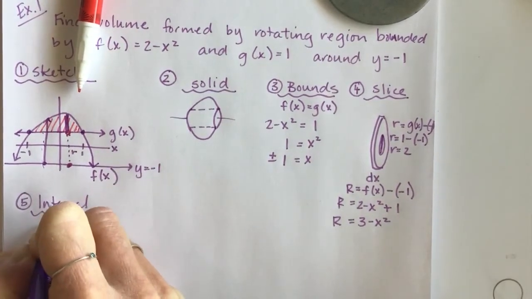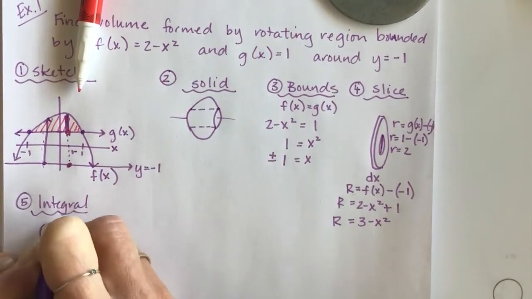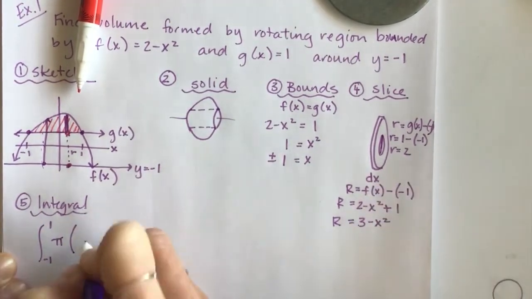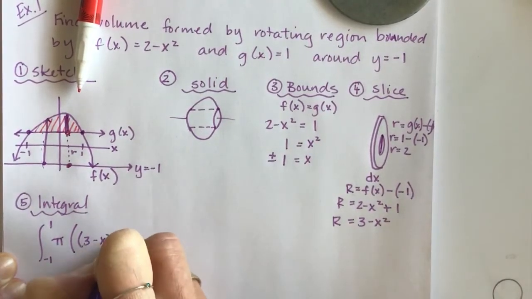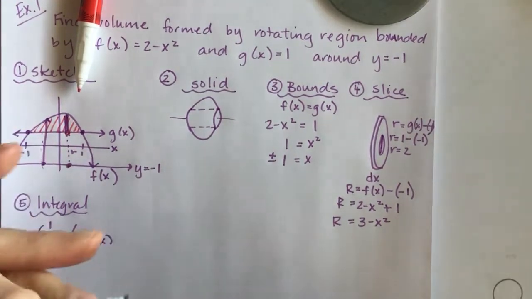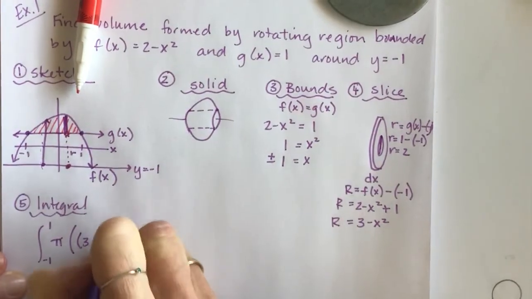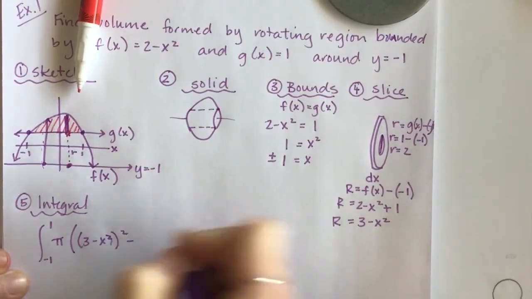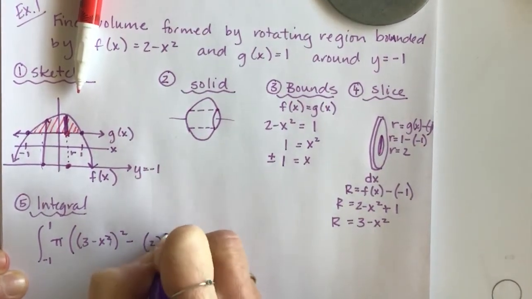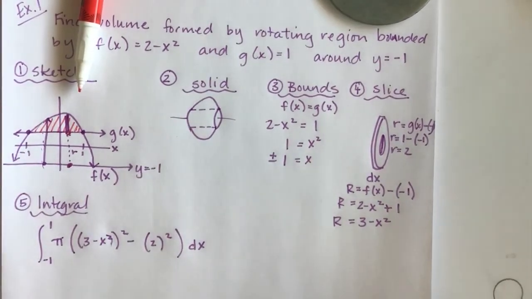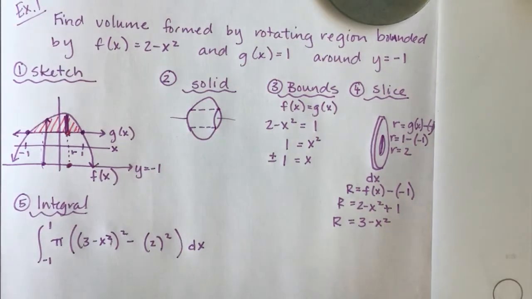Okay, we're going to go from -1 to 1, pi, big R squared, 3 minus x squared, minus little r, which is 2 squared, times dx.